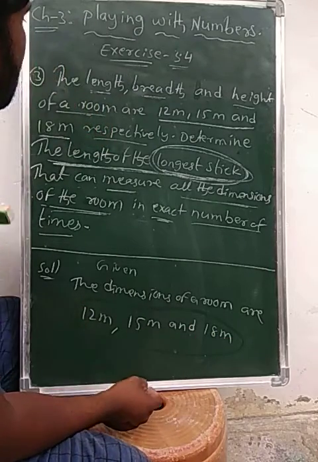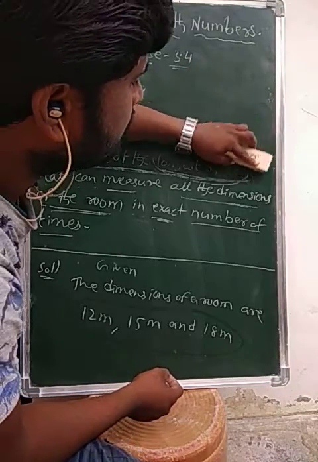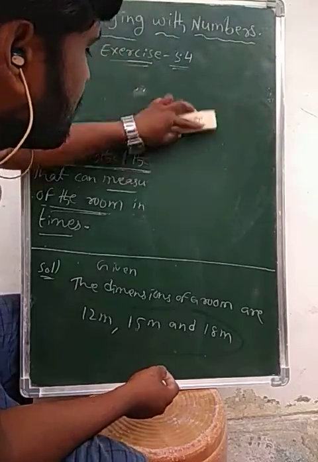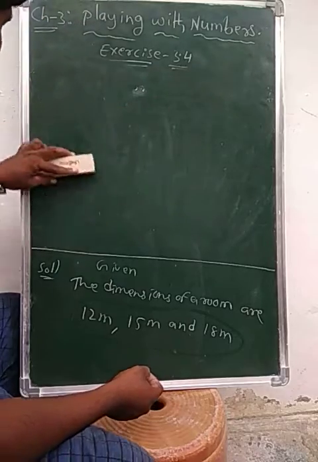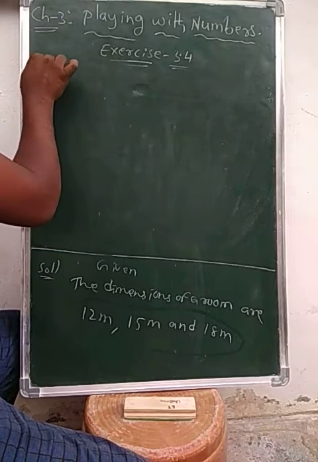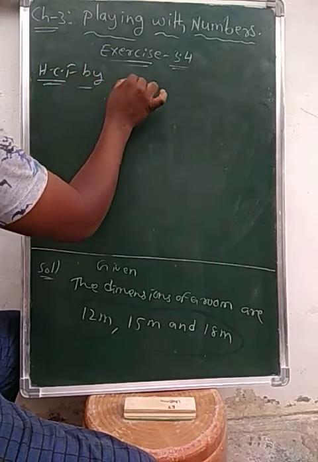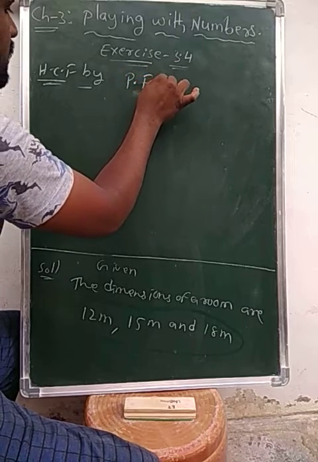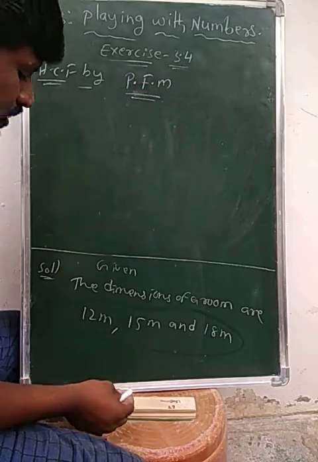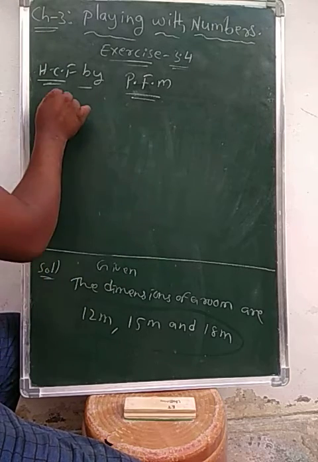For finding HCF, this time I am going to take the prime factorization method. HCF by prime factorization method. One of the dimensions given is 12.